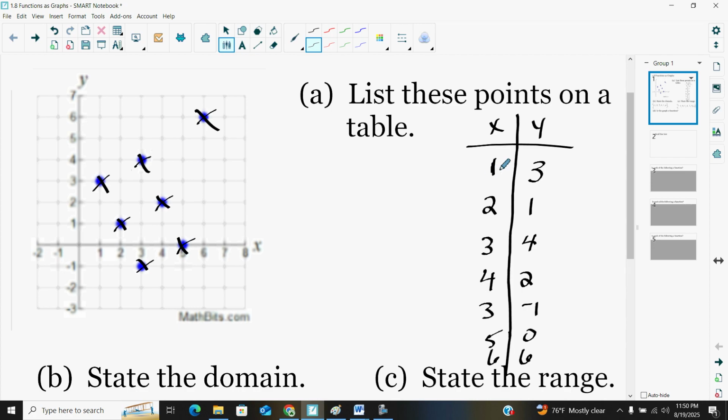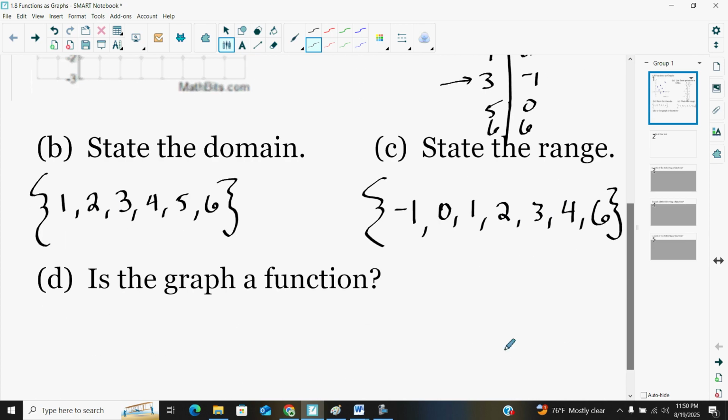The input of 1 has an output of 3 and only 3. The input of 2 only has one output. The input of 3 has an output of 4, and it also has an output of -1. If we have an X that has more than one Y, then we can stop right there and say, no, this is not a function. This one is not a function.